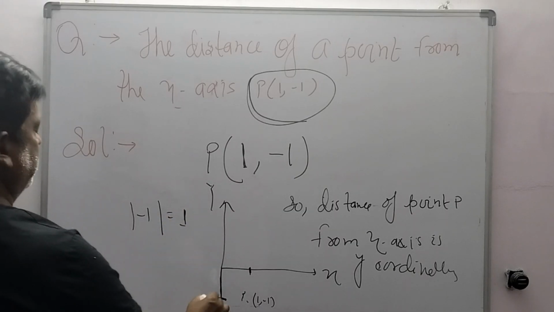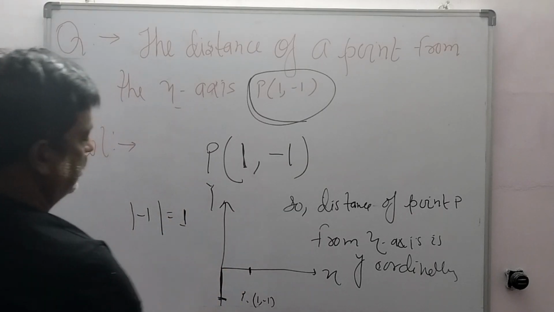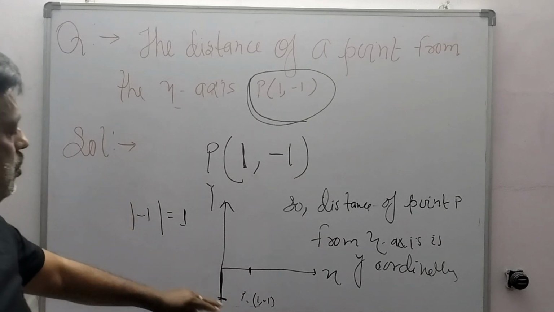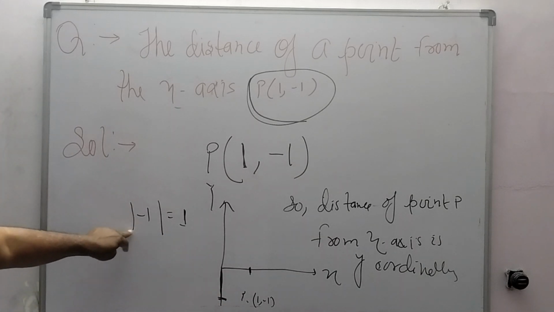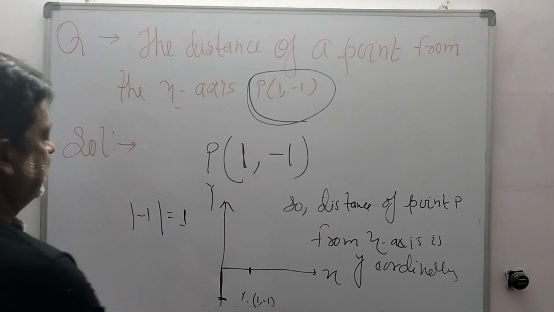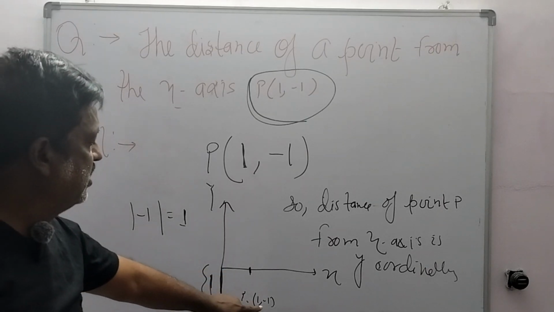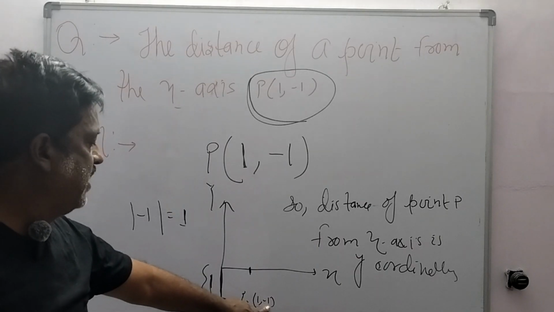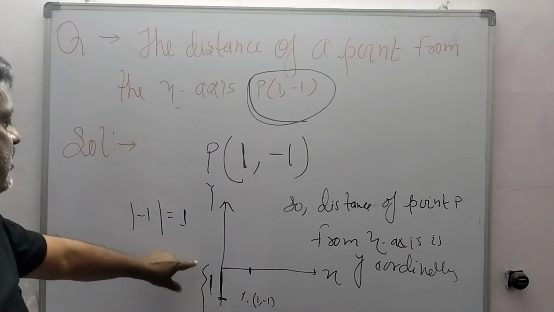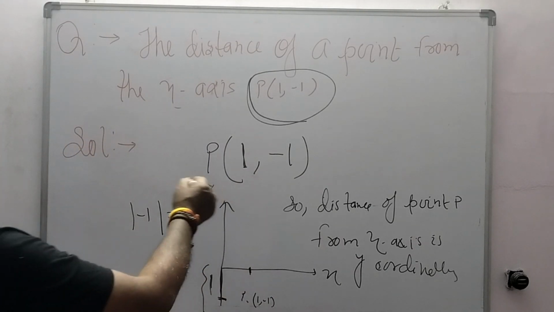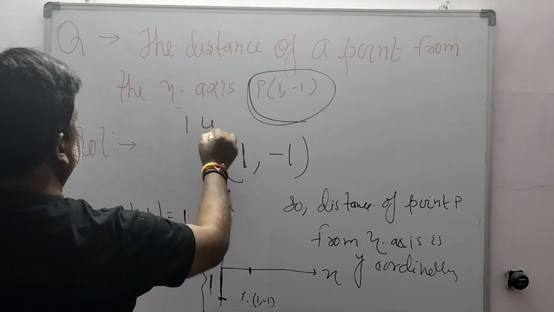So 1 unit. The distance is simply a numerical value, the modulus of -1 is 1. The negative sign only tells the direction. So the distance is 1 unit. So the answer is 1 unit.